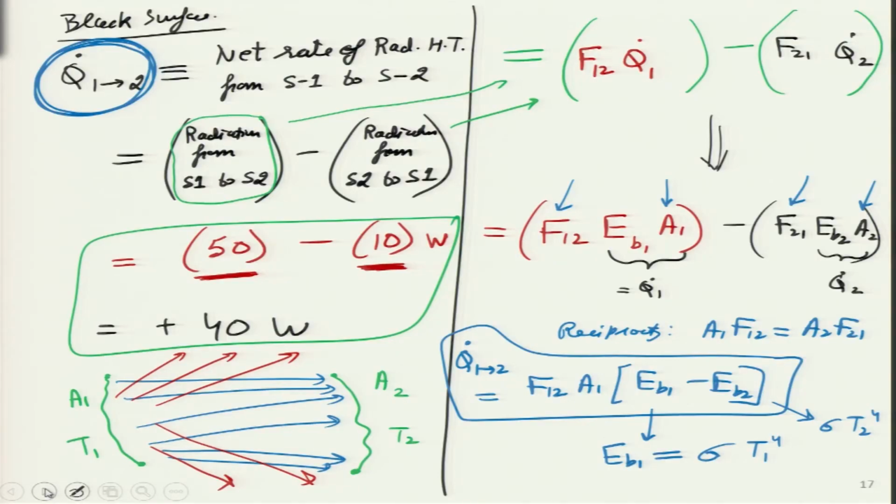Q dot 1 2 is not just the radiation which is going from 1 to 2. It is the net, from 1 to 2 minus 2 to 1: what I am able to project on surface 2, how much heat I am giving over there, minus how much heat I am receiving from there. So, do not get confused between the two different notations. I will complete this on the next slide.